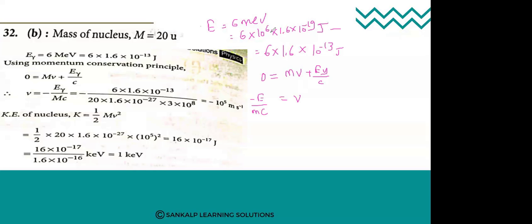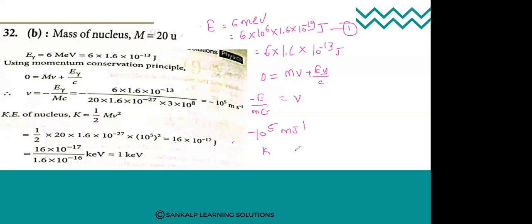The E value we have here is 6 into 10 raised to 6 into 1.6 into 10 raised to minus 19. Then the m value is given as 20 U, so convert that also, 20 into 1.6 into 10 raised to minus 27. The c value, the velocity of light in vacuum, is 3 into 10 raised to 8. So therefore this will be minus 5 meter per second.